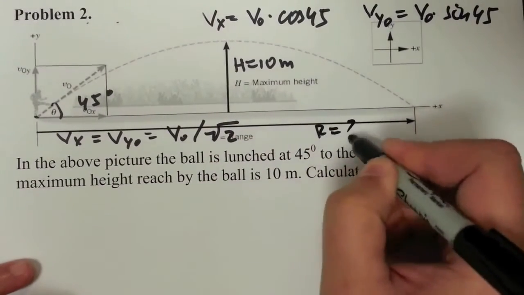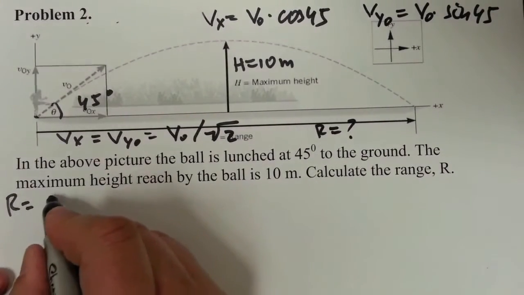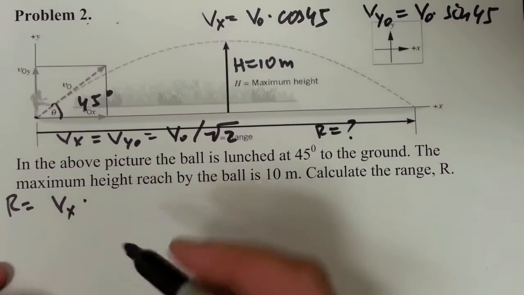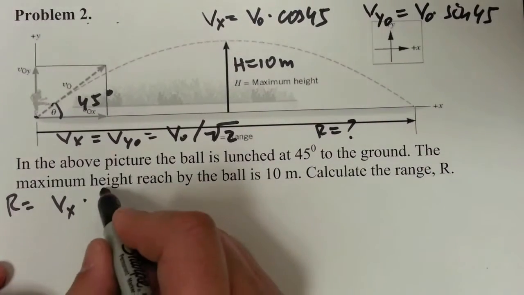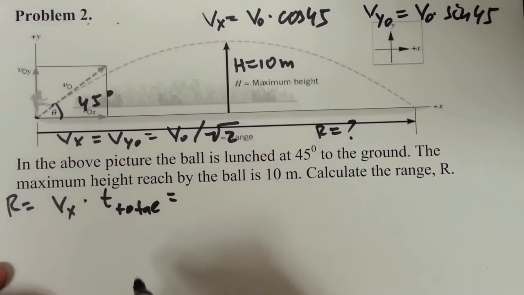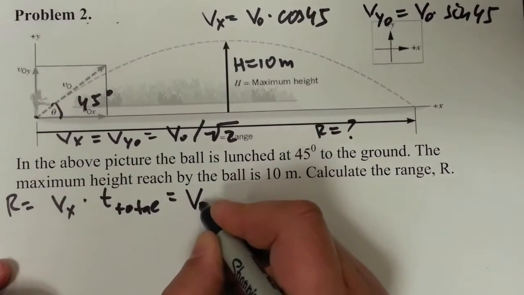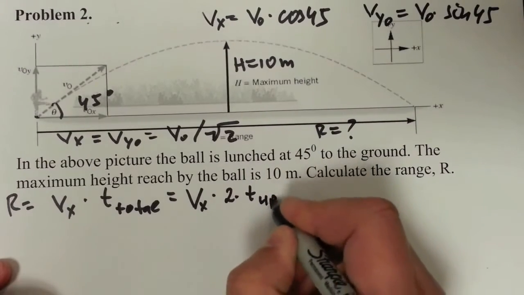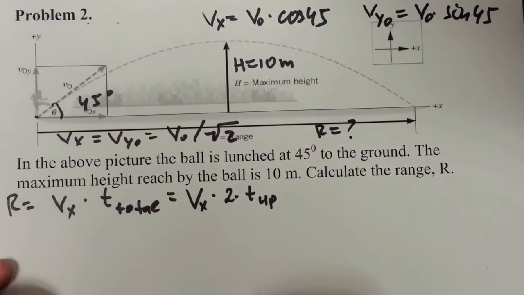The range, that's what we're looking for, and we know the range has to be equal to the initial x, which is, well, just Vx, it stays the same, times total time, which is 2 times time up, because time up and time down in this case are equal to each other.